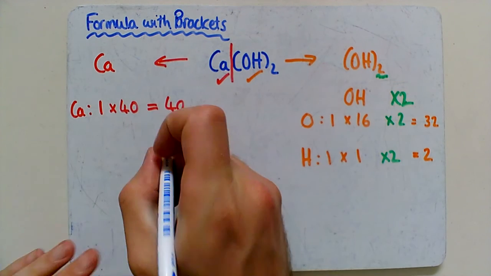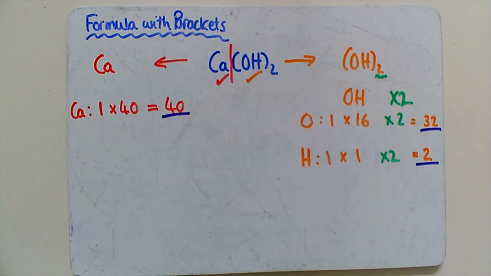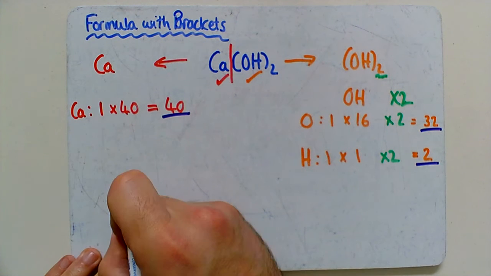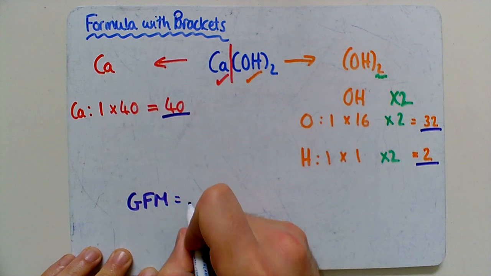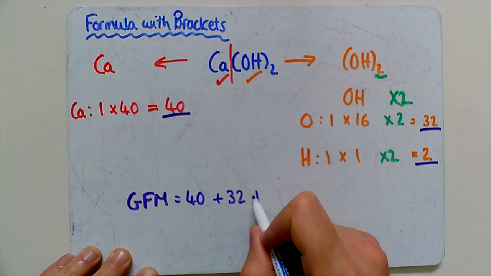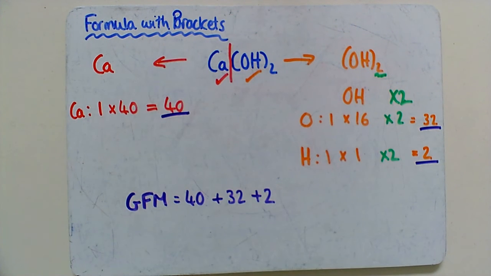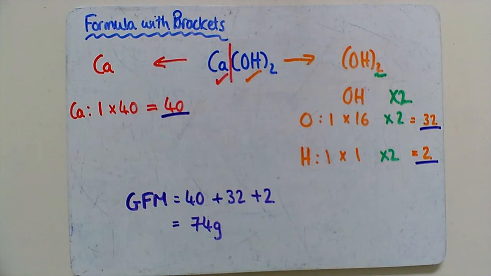The final step is taking this number, and that number, and adding them together. So the gram formula mass is equal to 40 plus 32 plus 2, which equals 74 grams.